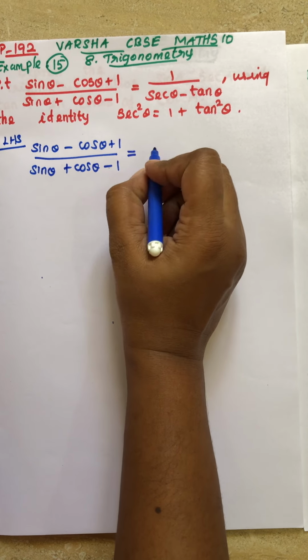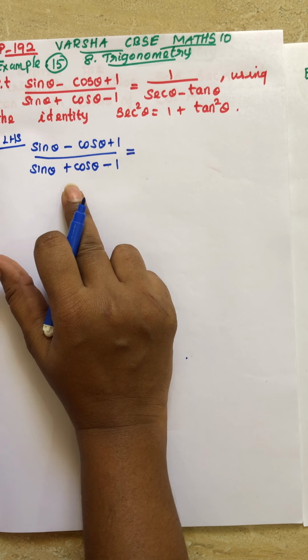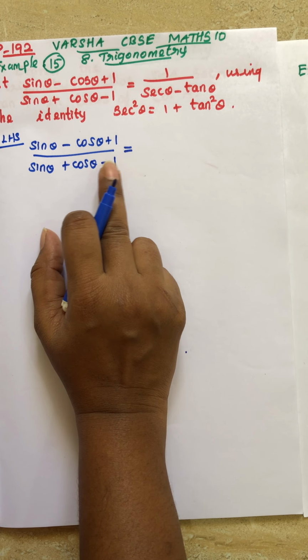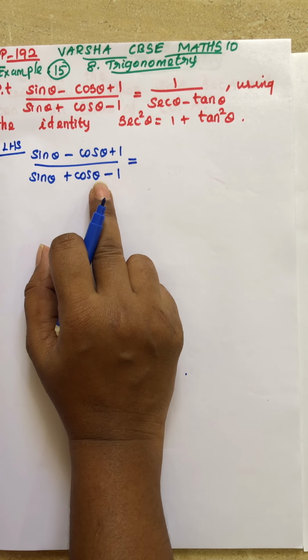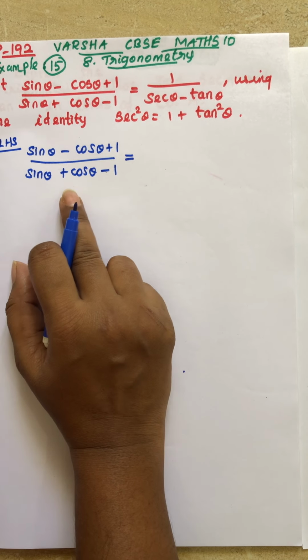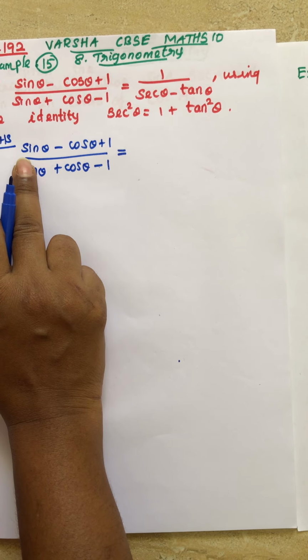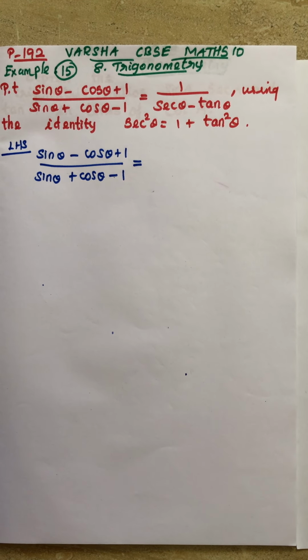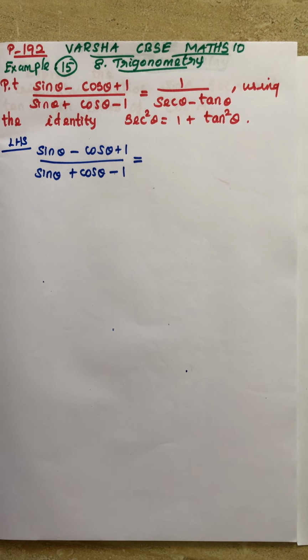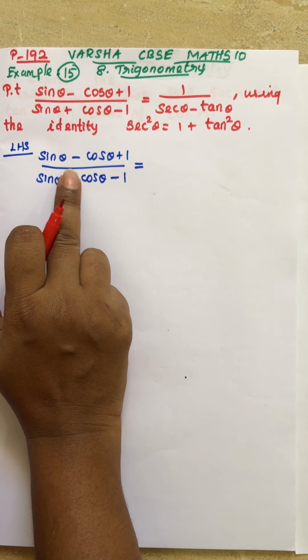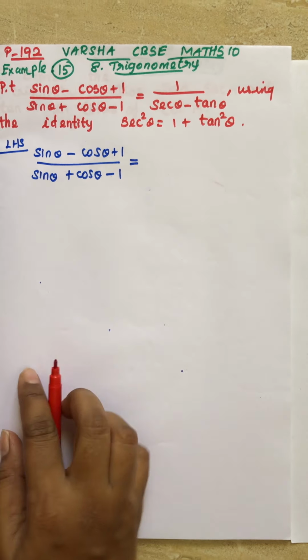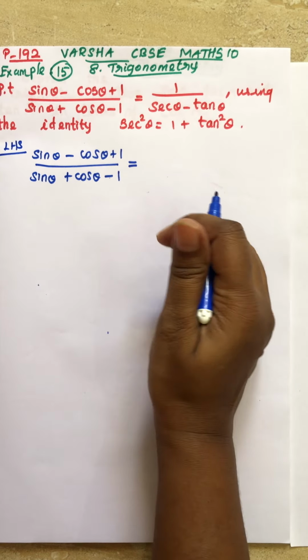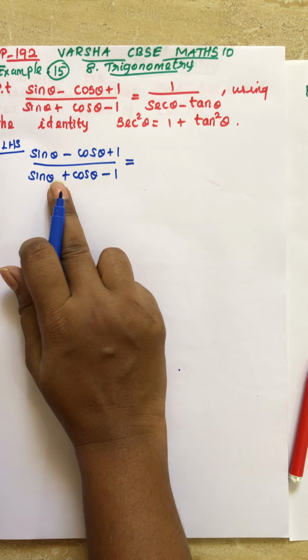Now I have to change this into tan and secant. For that you have to do a special work. What is that work? We are going to divide every term by cos theta. We divide the numerator by cos theta, and the denominator also.